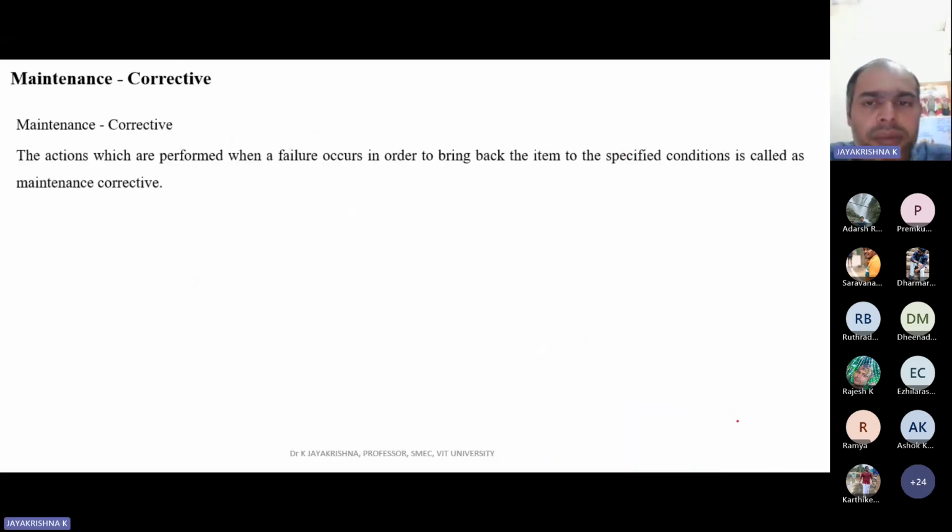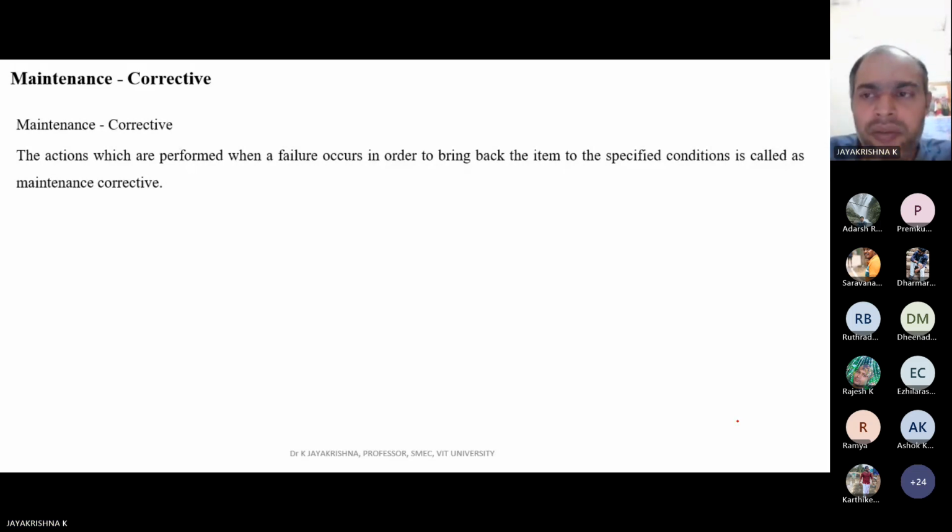So now we have something called corrective maintenance, because we are talking about corrective maintenance. The actions performed when a failure occurs in order to bring the machine back are called corrective maintenance. A traditional industry normally does only corrective maintenance.